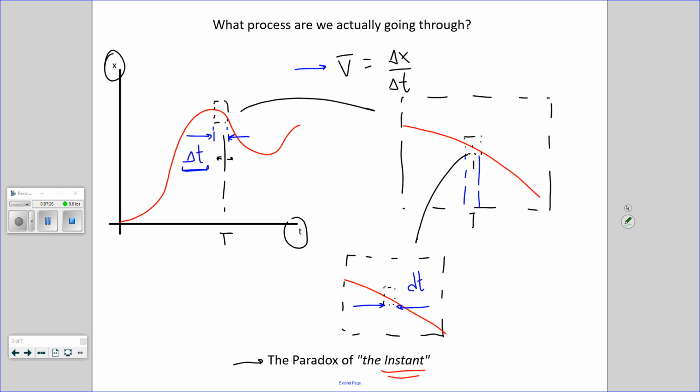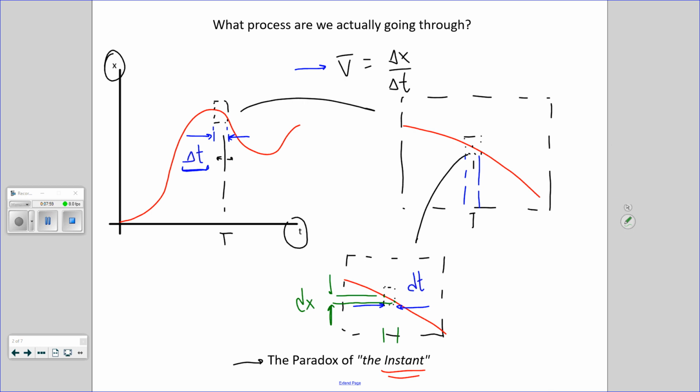And what we want to know is how far has this object gone from this time to this time. Well, it was here, and later it's here. And this is a tiny little change in position. We'll call that a dx.